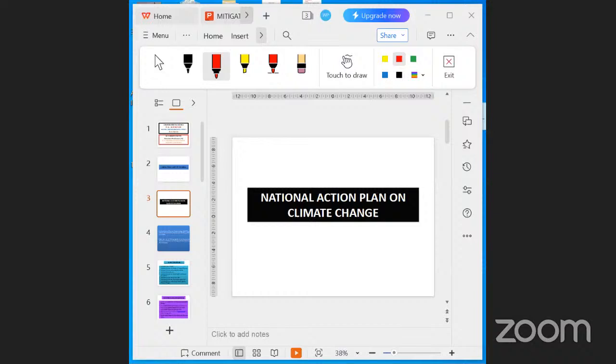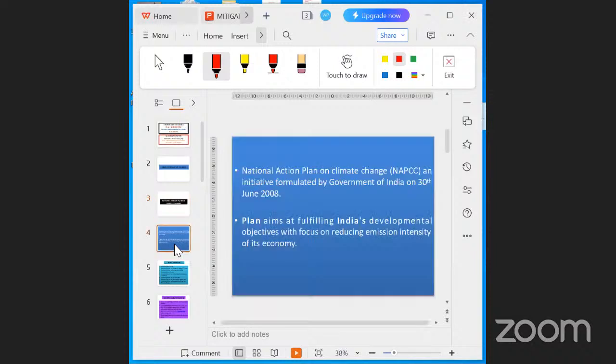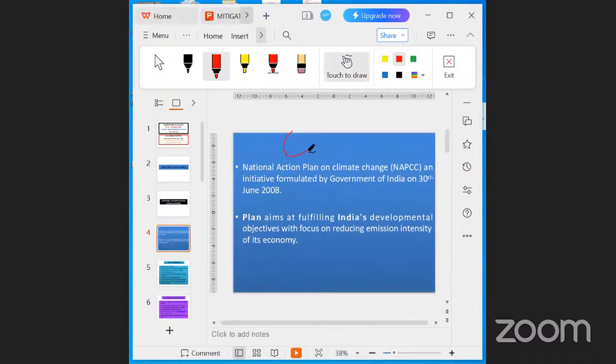This is also important, right? This is the primary strategy to fight against global warming and climate change, right?